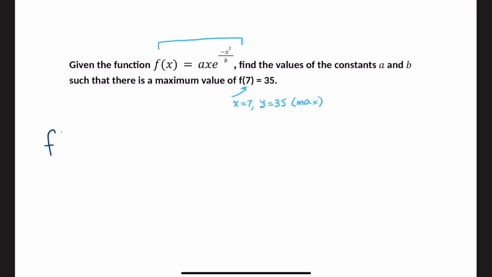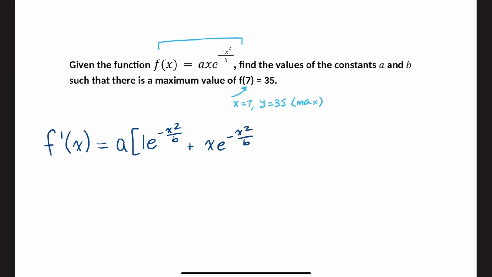We can say f prime of x is equal to a multiplied by the derivative of the first function, x, which is going to be 1, multiplied by the second function, which is e to the negative x squared over b, plus the first function multiplied by the derivative of the second function. Now, what's the derivative of the second function?